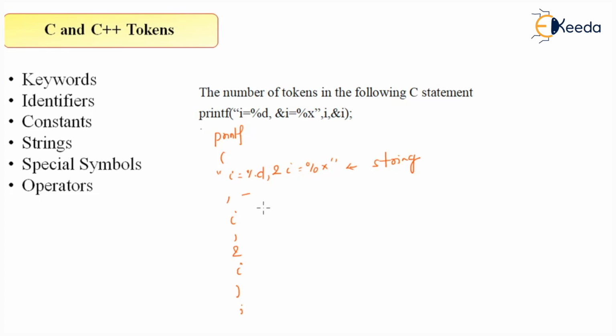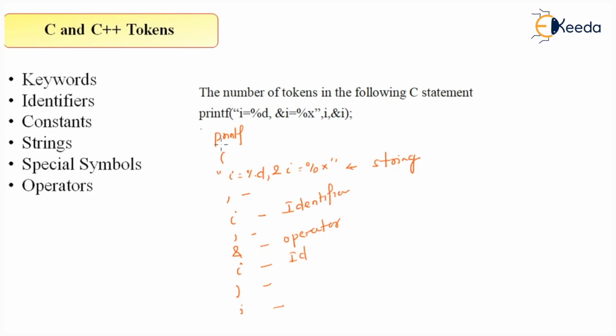I is an identifier, and the ampersand sign is an operator. Then again an identifier, and the special character, the semicolon.